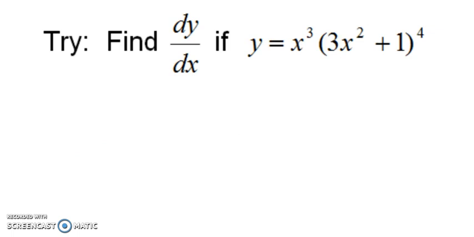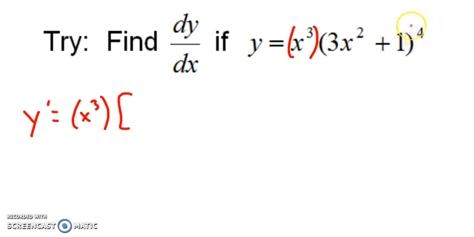Now this one has a couple things going on here. Hopefully you recognize that we have two terms here, so we're going to be doing product rule. However, when we take the derivative of the second, we are going to be using chain rule because we have an inside function and an outside function. So product rule is first. Now we're taking the derivative of the second. Derivative of the second is going to be doing the power rule.